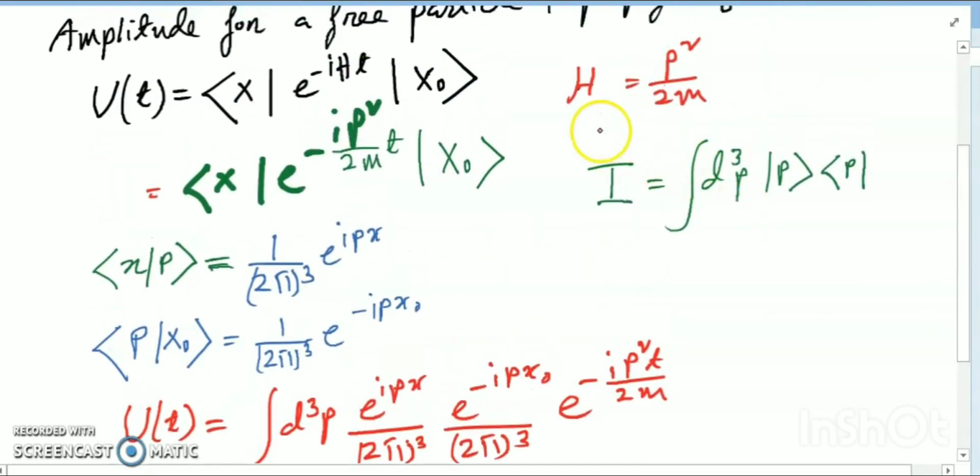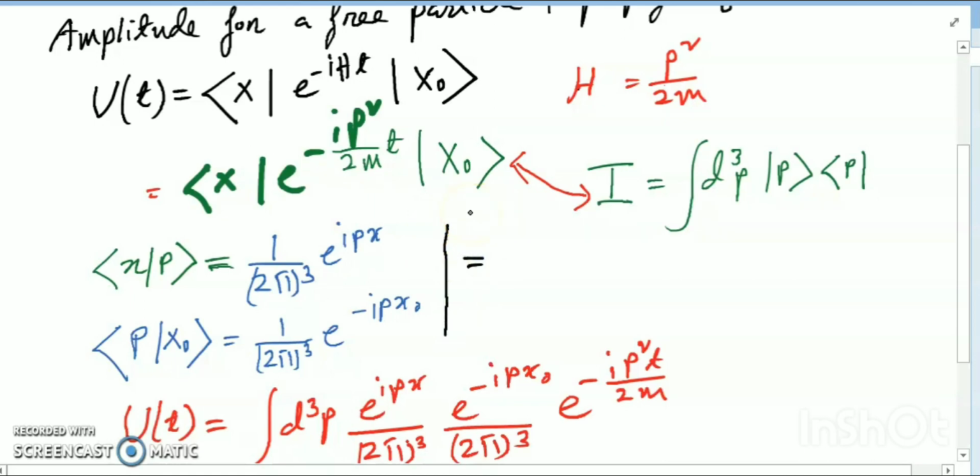One step is missing, and those who are beginners cannot understand, so that is why I need to explain this way that U(t) can be written like this.